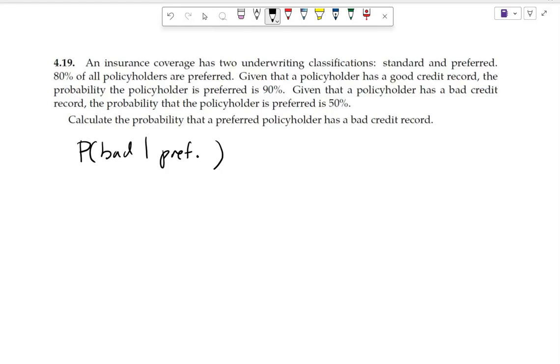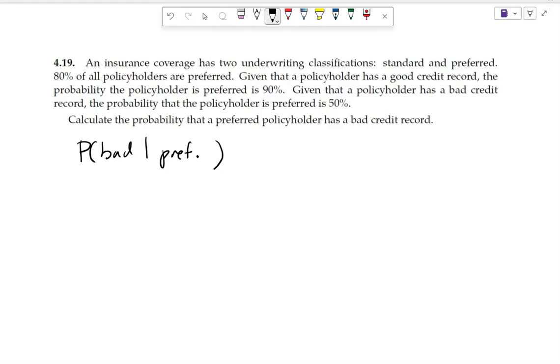Let's think about why. Which way did they give you in the problem, by the way? We already were given bad credit and we know preferred, right? They gave us that probability, so they probably didn't ask us for the same thing again. But in particular, it says a preferred policyholder has a bad record. So given preferred, what's the probability they're bad?